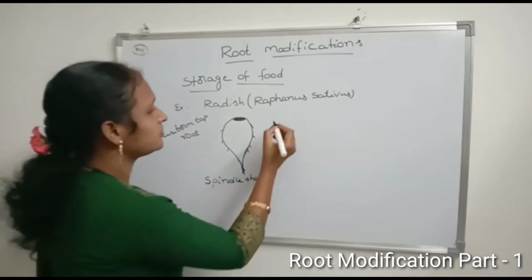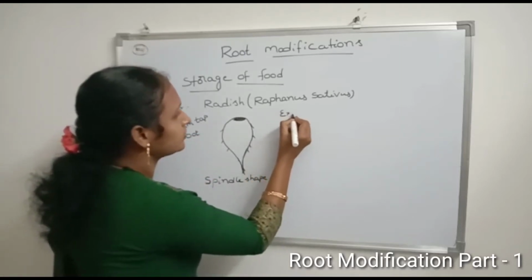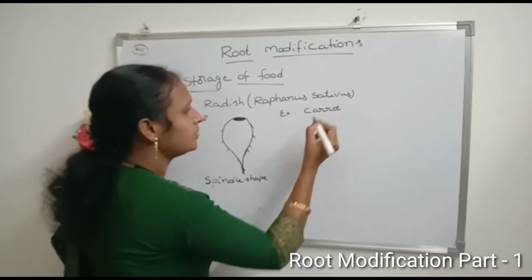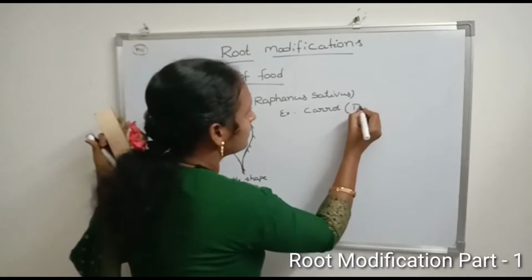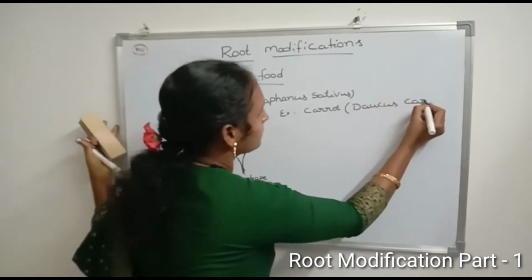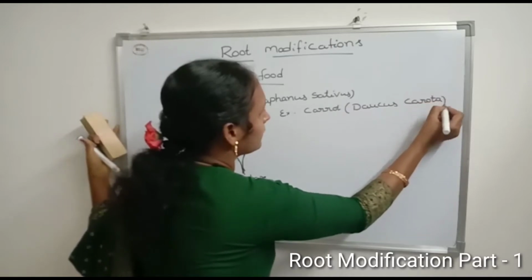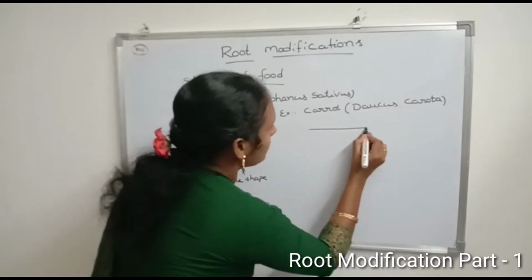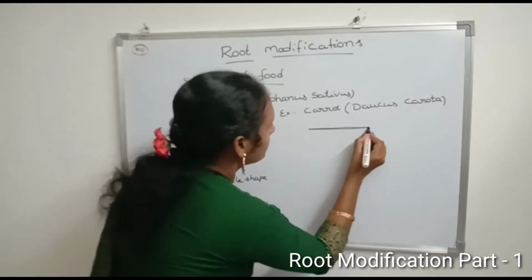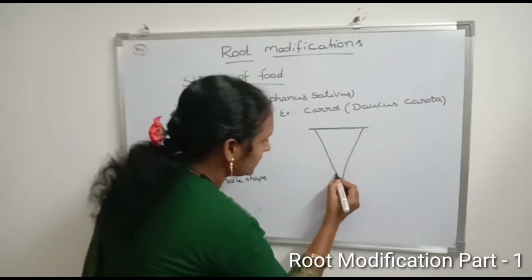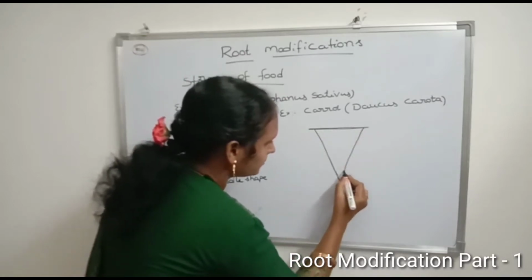The next example is the carrot. The scientific name of carrot is Daucus carota. In carrot, the base is wide, the middle is swollen, and it gradually tapers towards the tip.